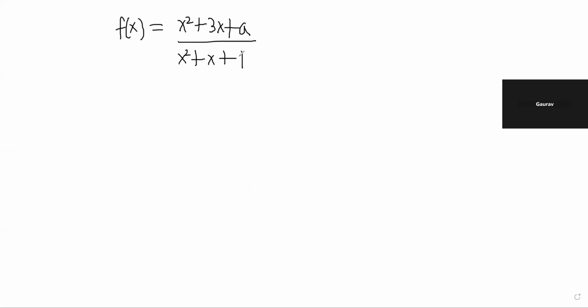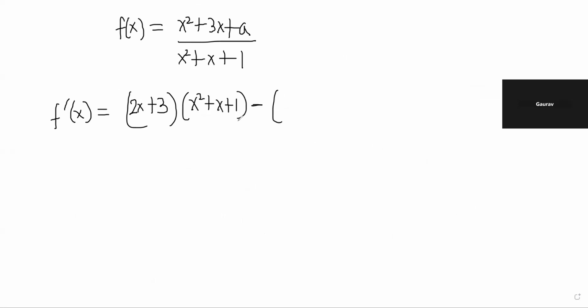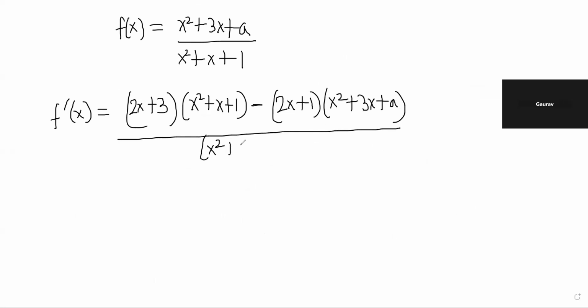Yes. One second. So if I take f dash x, it will be derivative of the numerator, 2x plus 3, times x square plus x plus 1, minus derivative of denominator, 2x plus 1, times x square plus 3x plus a, divided by x square plus x plus 1 whole square, right? So let's simplify this a little bit.